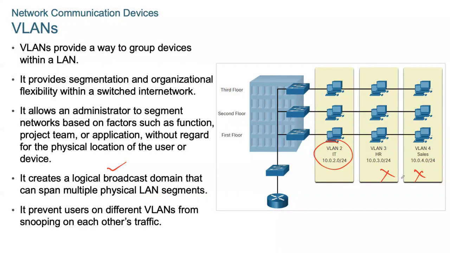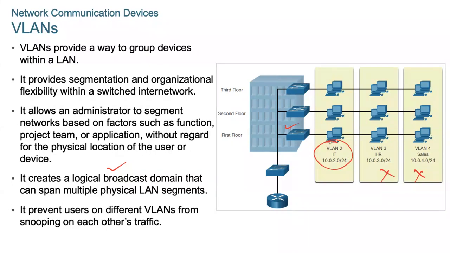In this example, you can see that even though HR and sales are connected to the same switch in the figure, the switch will not forward the traffic between these VLANs.